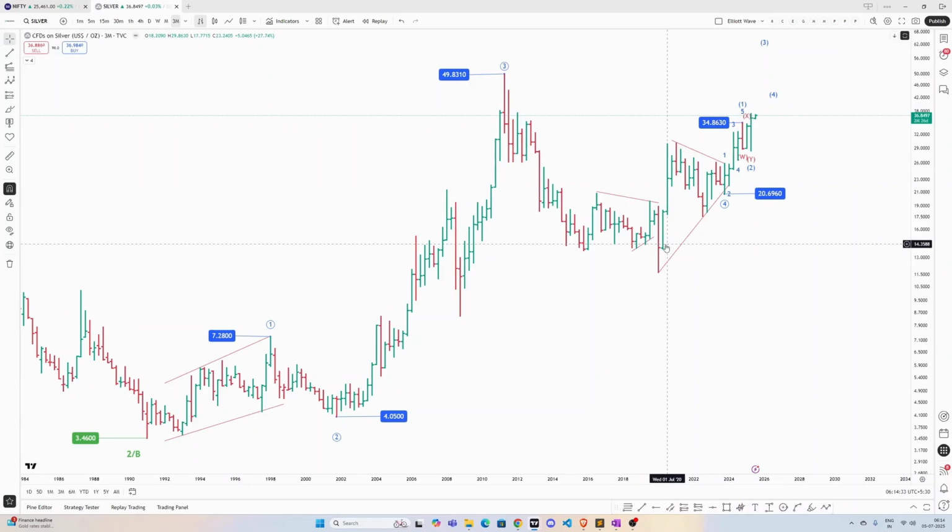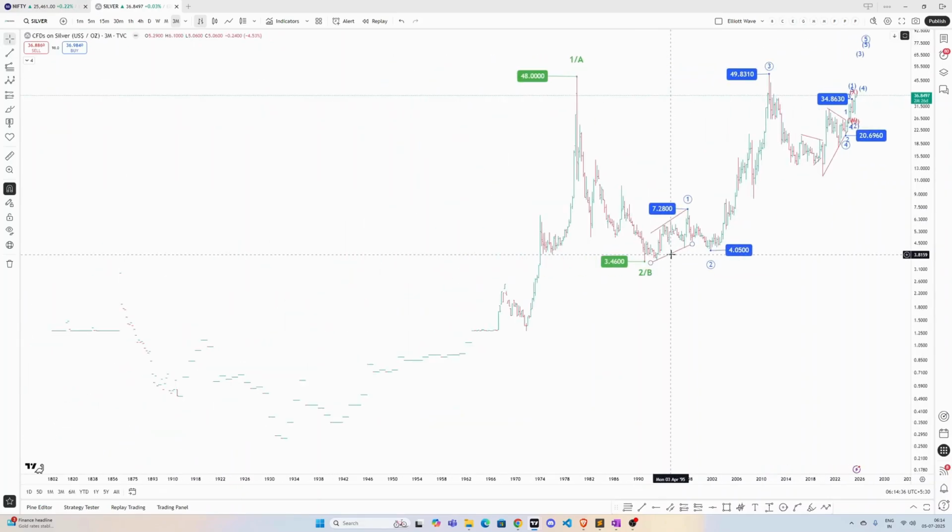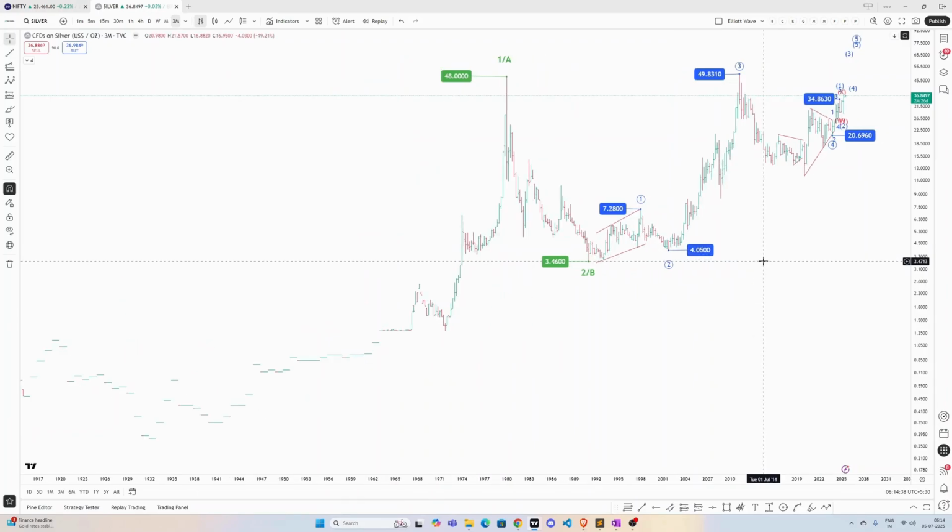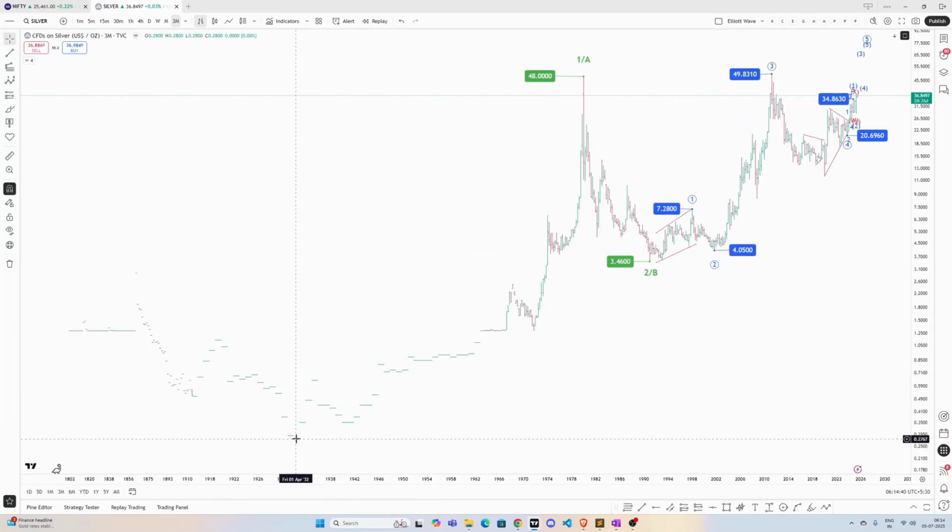So now getting back to this chart, this is a very long-term picture, and you can see this was the lowest silver ever did, which was in 1932. As I said, this is a very, very long-term chart, and from here we can count this as an impulse, which could be wave A or it could be wave 1.